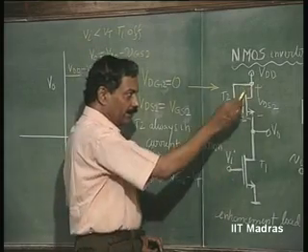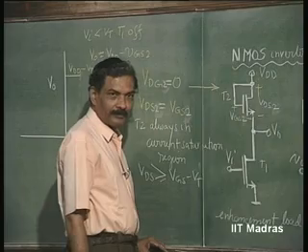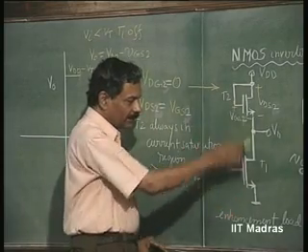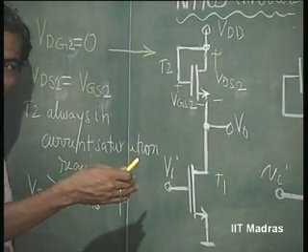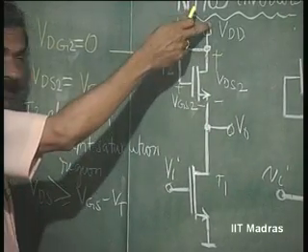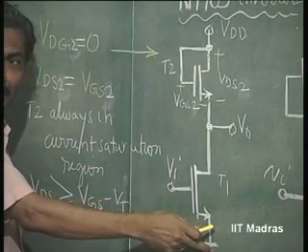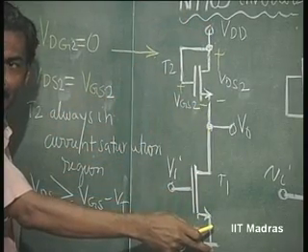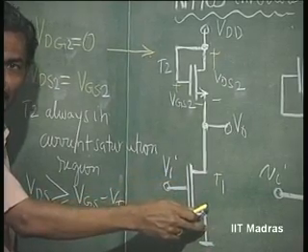Thereafter, this T2 is always going to remain in current saturation, that we know. As far as this transistor is concerned, in what region is it likely to be? This potential is very nearly equal to VDD. So, VDS is obviously much greater than this VGS minus Vt, hopefully.